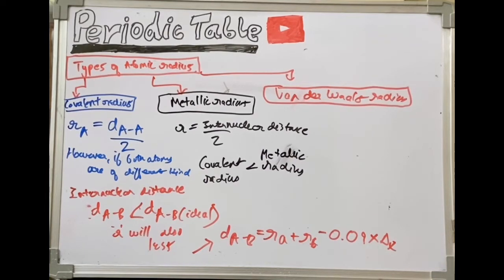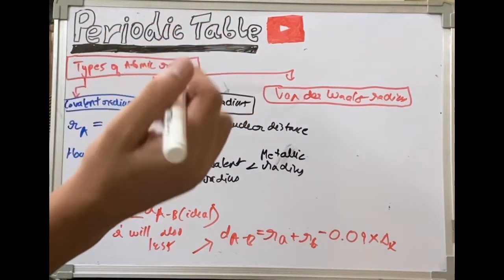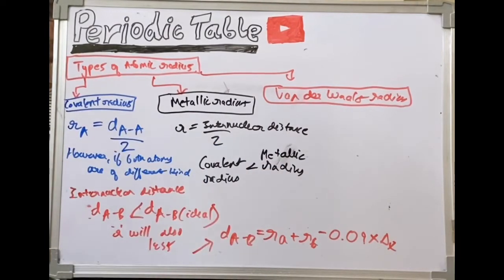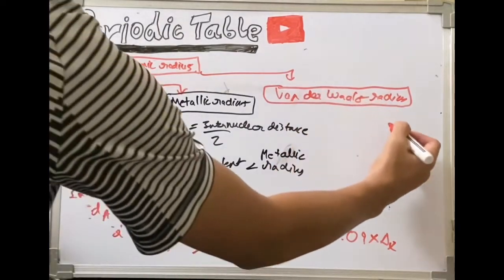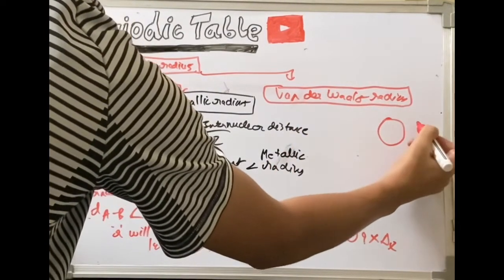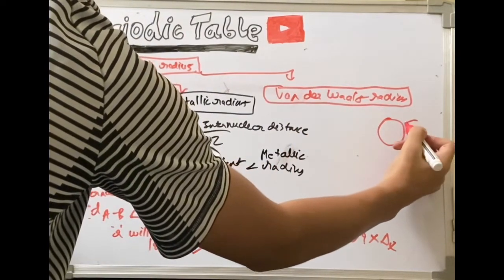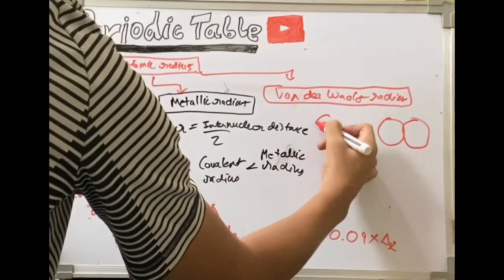Now you can't compare the gases present in the atomic state, right? So you'll have to take them as molecules. So for example, if we want to find the van der Waals radius of, let's say, Cl2, it will be Cl over here. So here there will be the covalent radius.